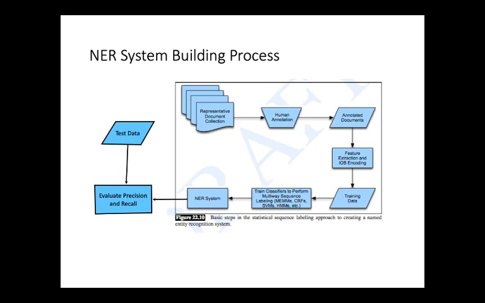You have an iterative process where you try to figure out, is this a problem with feature engineering, which is less a problem if you use an LSTM, or is this a problem with what architecture I used? And you iteratively do this until you're satisfied with your precision and recall. Does that make sense?